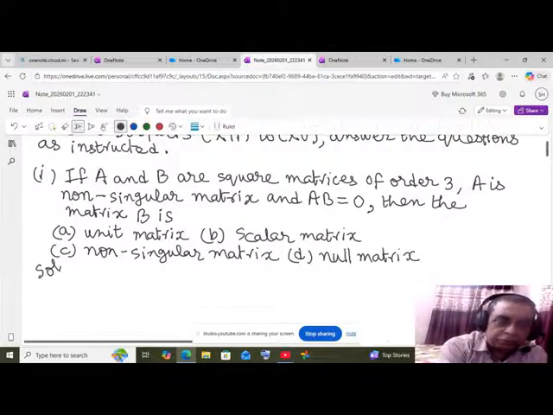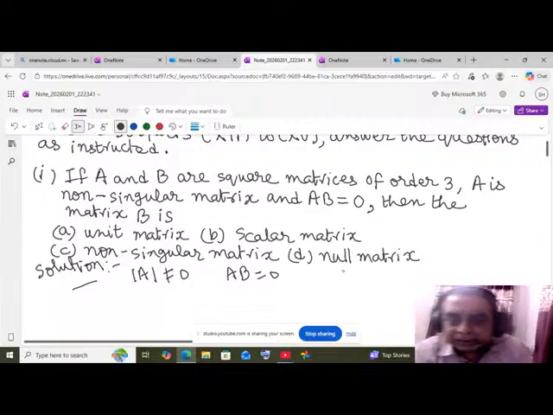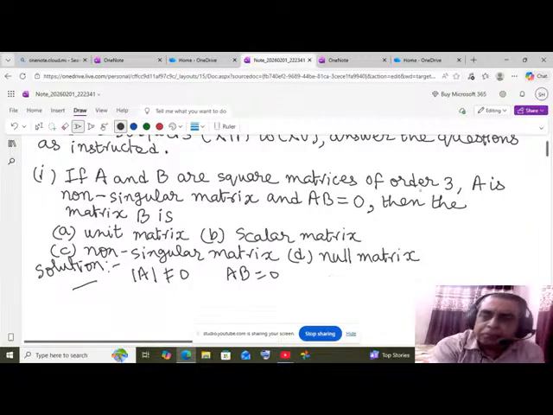Here A is a non-singular matrix, which means the determinant of A is not equal to 0, and the product of A and B is 0, where both are square matrices of order 3. So we have to say what type of matrix B is.